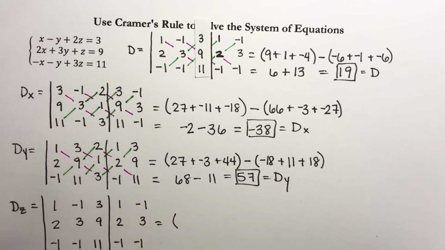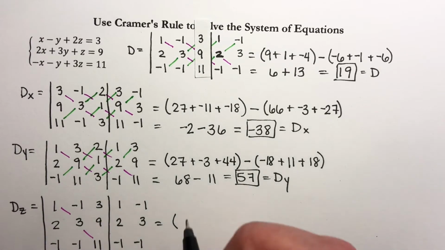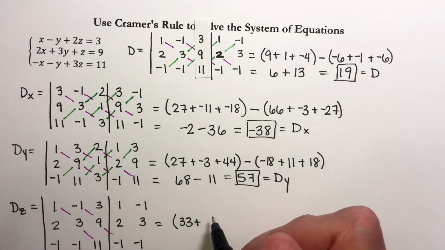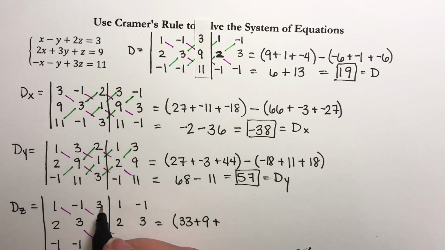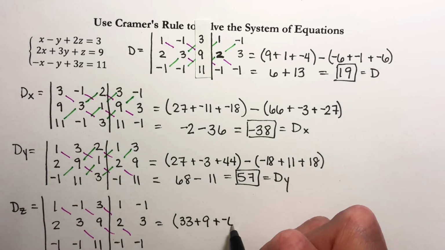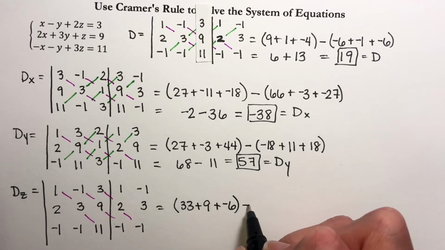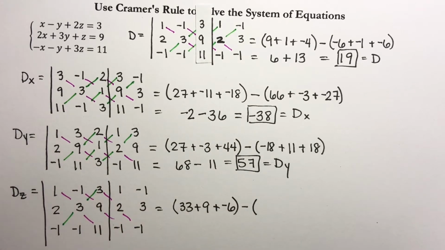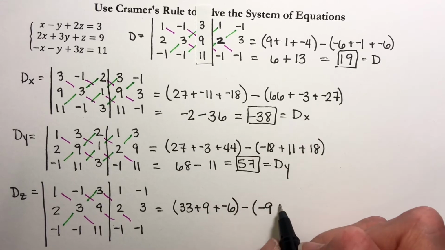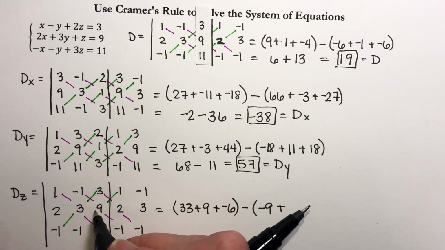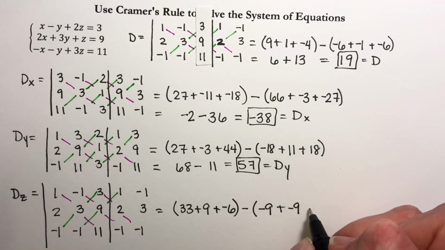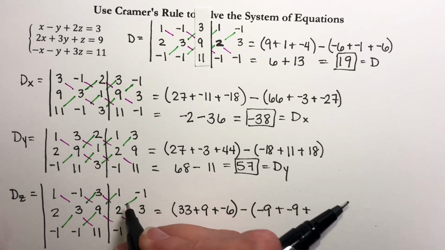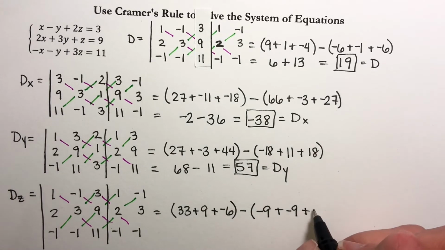Okay, now let's start the arithmetic. We have 1 times 3 times 11, so that's 33, plus negative 1 times 9 times a negative 1 is going to be positive 9, plus 3 times 2 times negative 1 is a negative 6, minus, open, go the other direction, 3 times 3 times negative 1, so that would be a negative 9, plus 1 times 9 times a negative 1 is negative 9, plus negative 1 times 2 times 11 is negative 22.